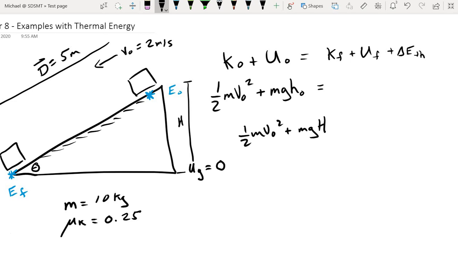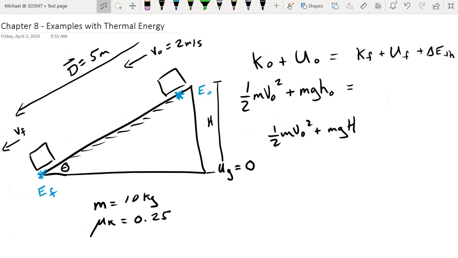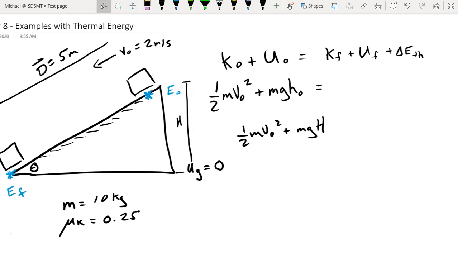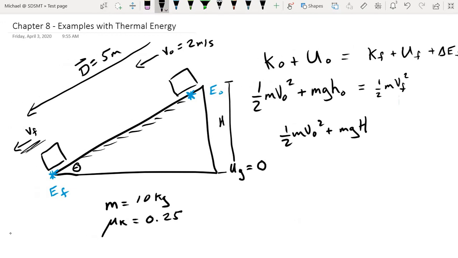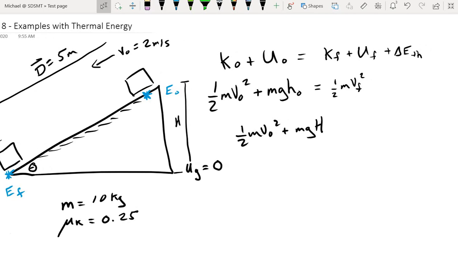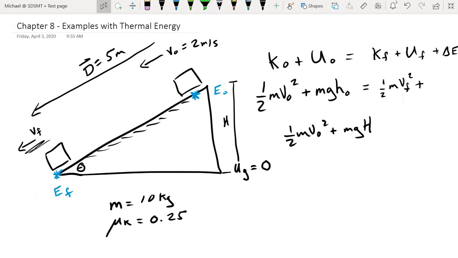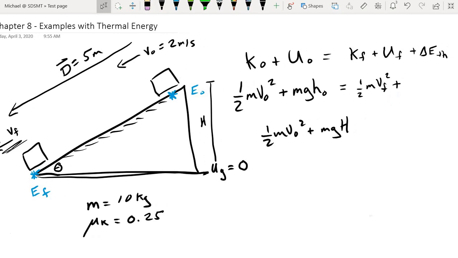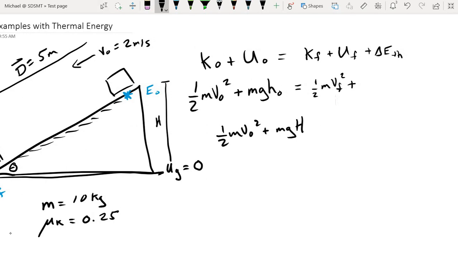Now for the right-hand side of the expression, if we get all the way down to the bottom of the incline, if we have any kinetic energy left over, that kinetic energy will be based on the final velocity of our mass. But if we get all the way down to the bottom of the incline, our final potential energy at that location will equal 0, because that is where we labeled the potential energy to be 0 in the system.